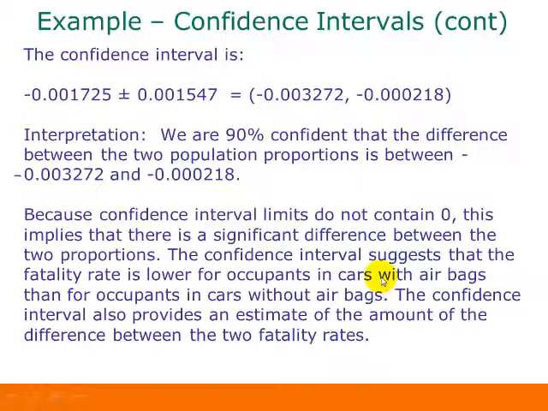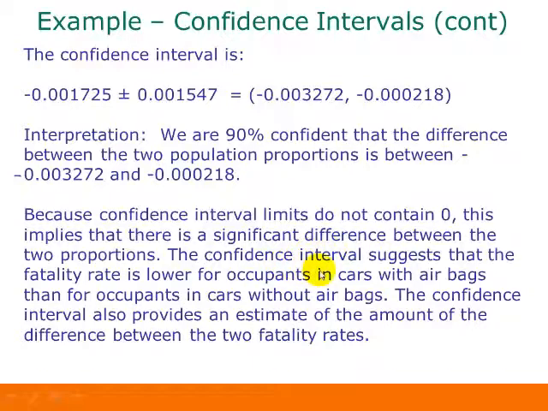And because it doesn't contain 0, this implies that there is a significant difference between the two proportions. In other words, if 0 were included in the interval, then it would be absolutely possible that the two population proportions are the same. If 0 is not included in the interval, then there's not as much of a possibility that the two proportions are the same, which means that they are significantly different.